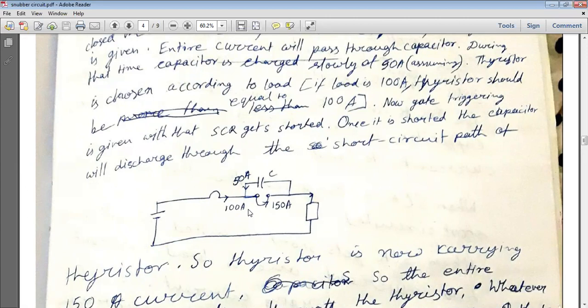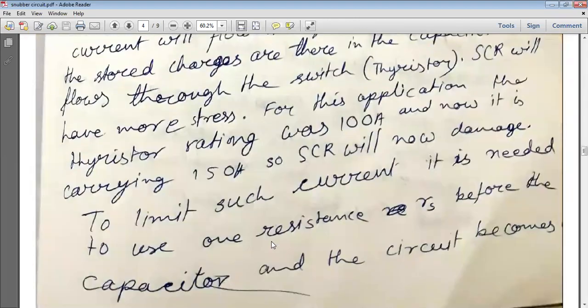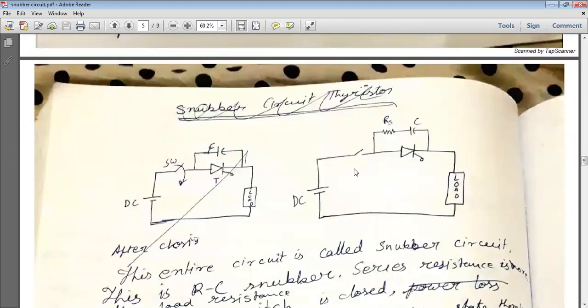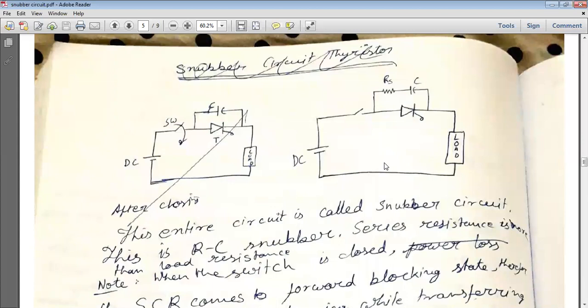To limit such current, it is needed to use one resistance before the capacitor, and the circuit becomes like this.